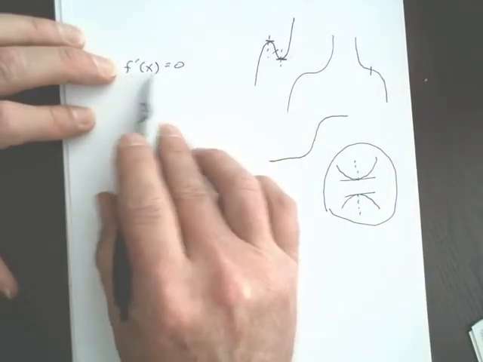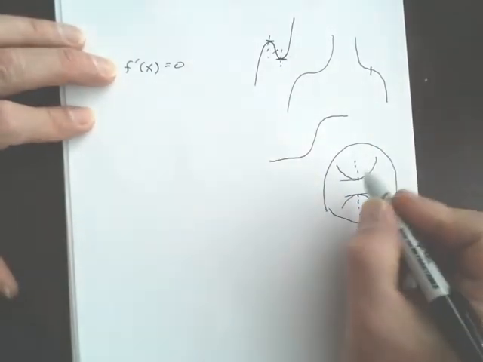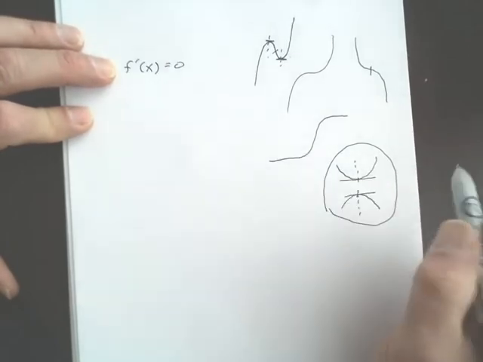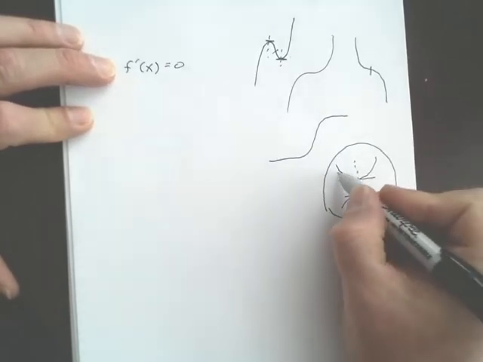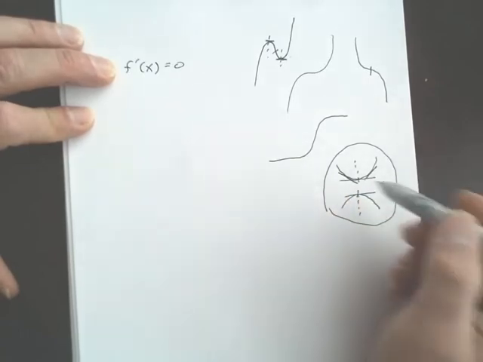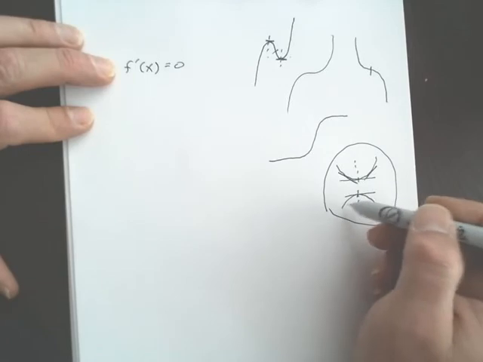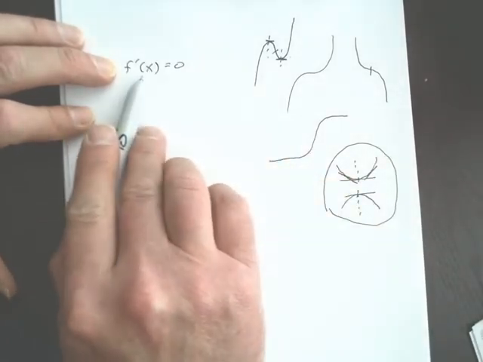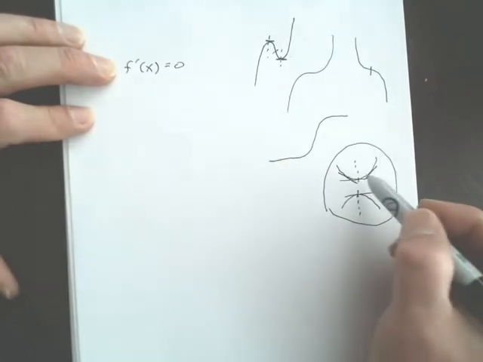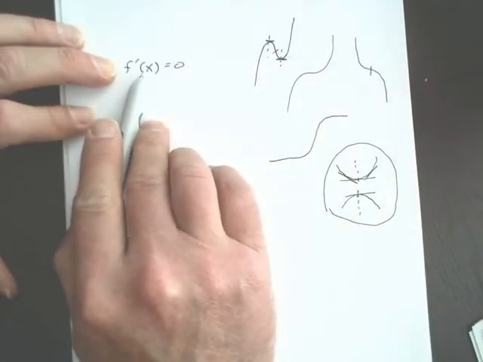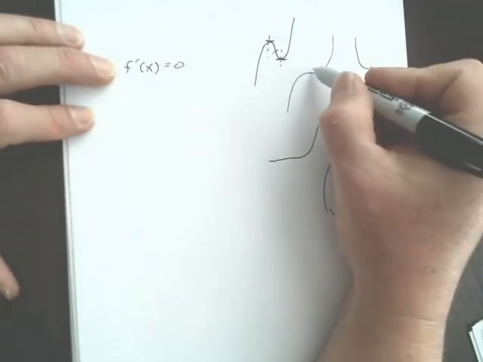Now, one thing we have to realize, and let's go back to the quadratic functions. When we had a quadratic function, we set f prime equal to 0. What were we looking for? Well, as I said, we were looking for the maxes and mins. But more importantly, we were looking for where the slope transitioned from either negative to positive or positive to negative. That point where the slope changes was determined by setting the first derivative equal to 0.